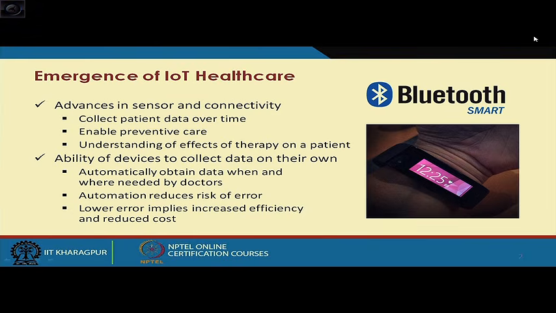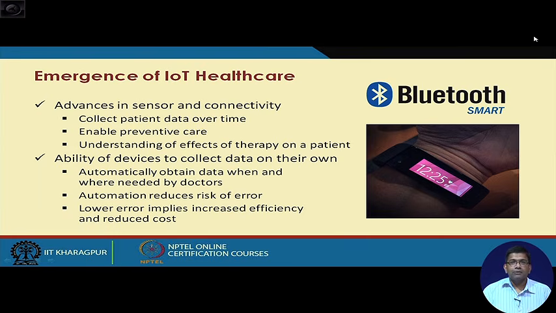When we talk about sensors in the context of healthcare, these sensors can collect the patient data over time, and I already mentioned what kind of data. These data could measure blood pressure or body temperature or oxygen saturation in the blood and so on.